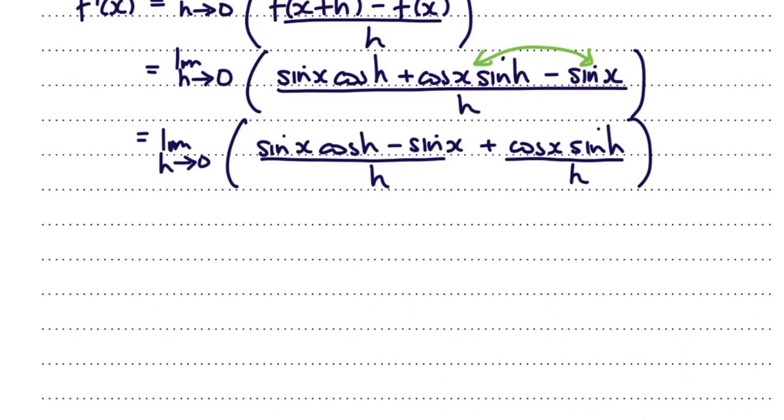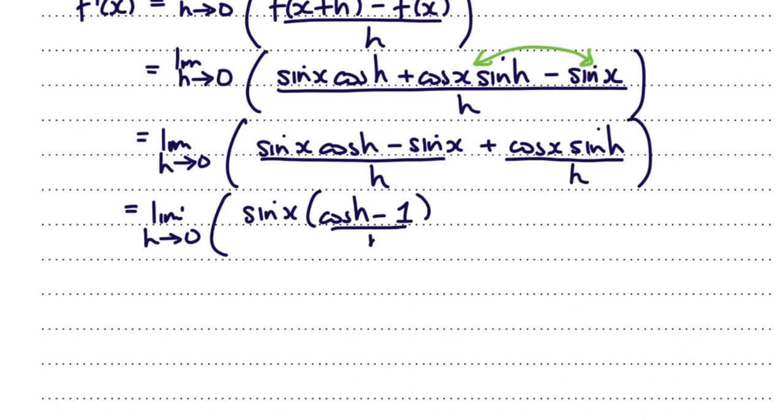Notice the first two terms in the brackets. I'm now going to factorise out the sine x. So I get the limit as h tends to 0 of sine x multiplied by cos h minus 1 over h, plus cos x, and I'm going to put this in a bracket so it stands out, sine h over h.